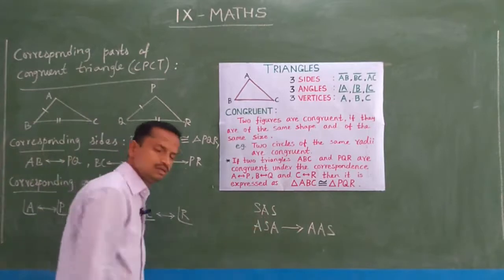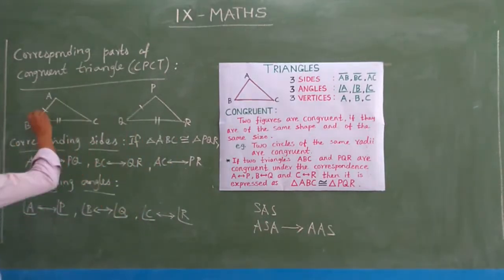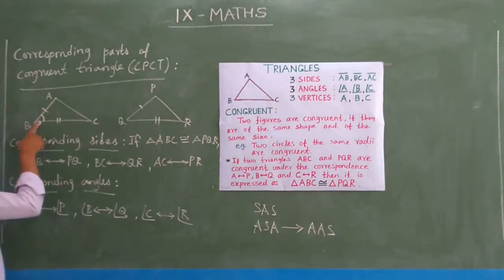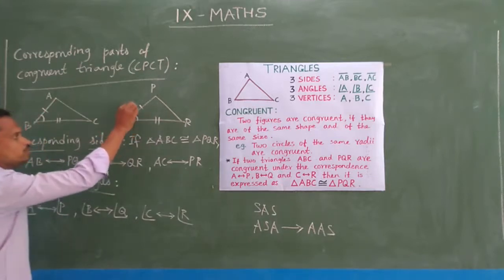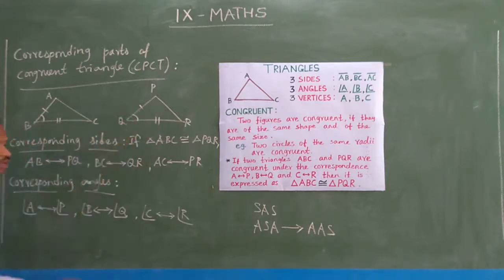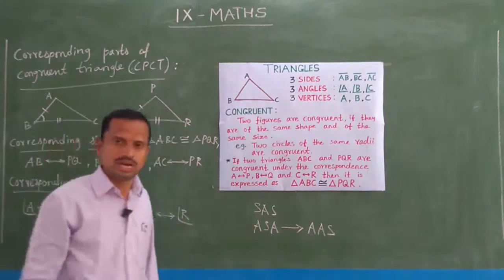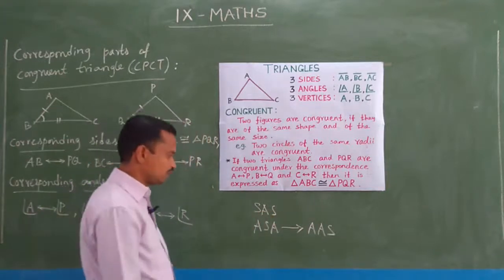SAS means A is in the center. Here this angle is included between these two sides, and here also this angle is included between these two sides. So SAS means two sides and the included angle. So like that we have to say.